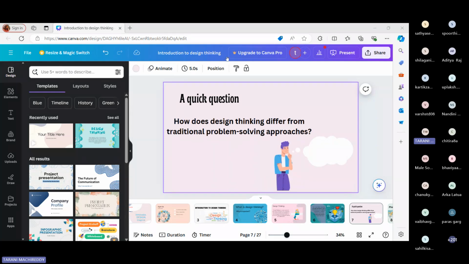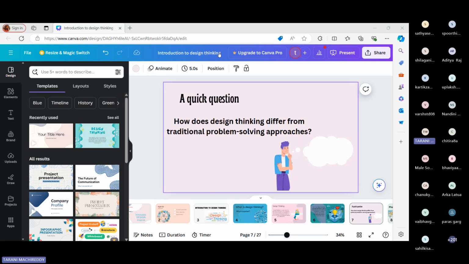Sure, Vashne, do you have any problem? Like you raised the hand. Please answer in that slide, guys. Someone answered it's more consumer centric. It's mostly based on human centric rather than consumer centric. Problem solving is tackling a problem, design thinking is based on a platform or outline upon which applied solutions are most effective.